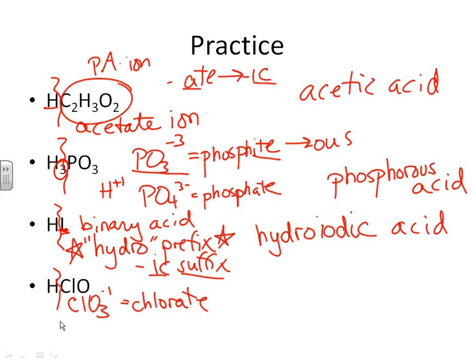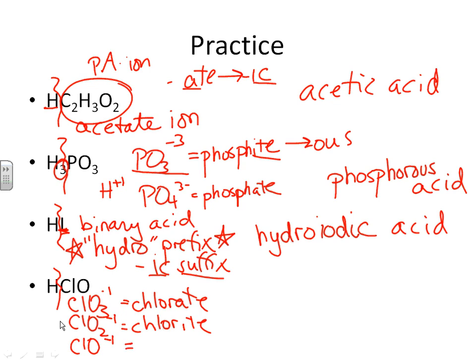This is not chlorate, though. Take away one oxygen, what do you do to the name? Change the ending. This is chlorite, right? Ite means one less oxygen than ate. But we don't have ClO2 minus, we have ClO -1.